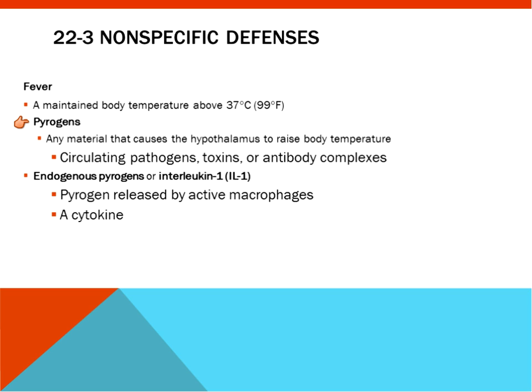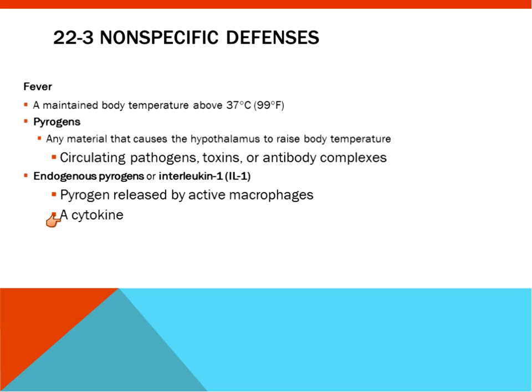We have endogenous pyrogen, or interleukin-1. A pyrogen is released by active macrophages. Endogenous means that it's something that's in your body already. So the cells in your body, your active macrophages, will release this pyrogen, and it's a chemical messenger that tells your body to create a fever.